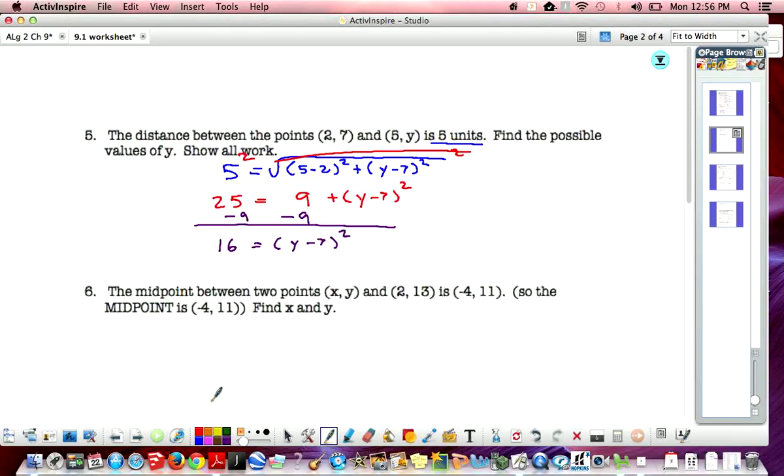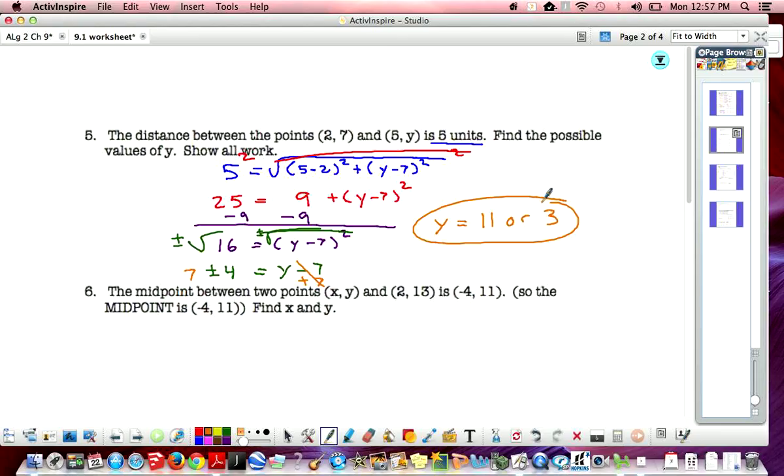To undo a square, we square root. Don't forget plus or minus. Some of you forgot that on your last test. So I have plus or minus 4 is equal to y minus 7. I'm going to add 7 to both sides. So y will either equal 11 or 3.